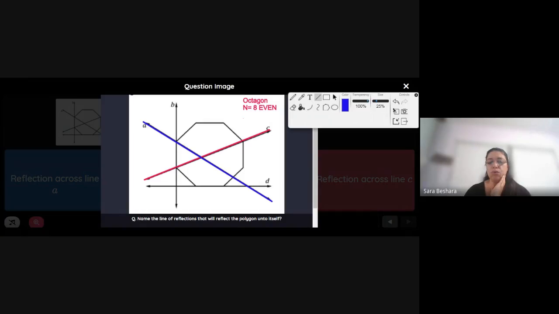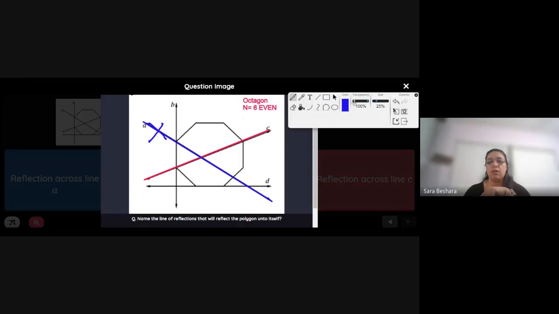A goes through the octagon, however, it's a midpoint to a vertex. In an even case, it has to be midpoint to midpoint or vertex to vertex. So line A can't really work. So let's just put an X on it. But line C perfectly makes it symmetrical.